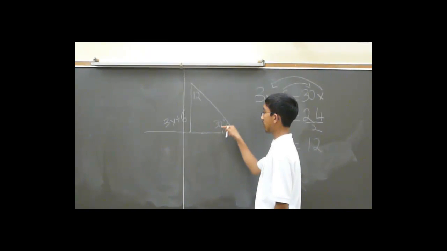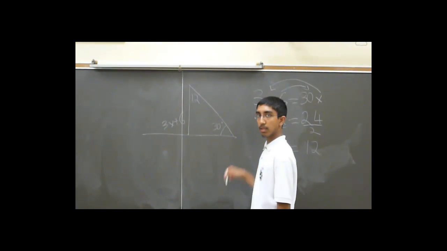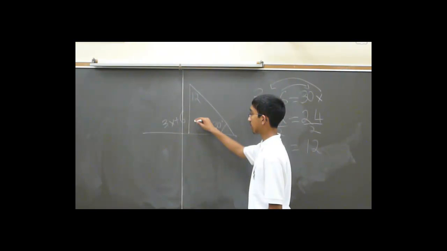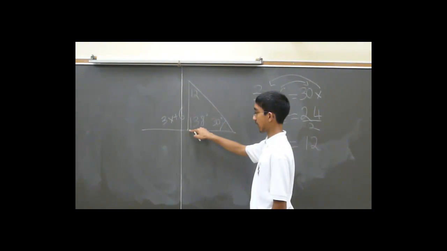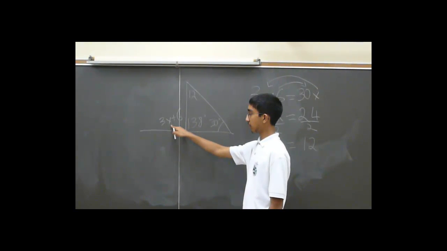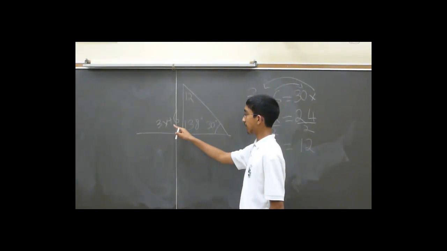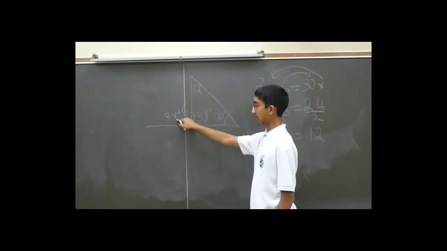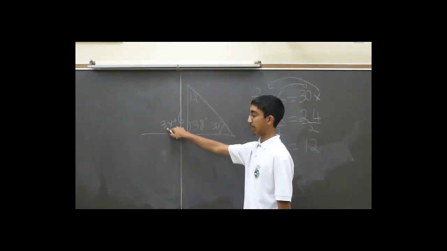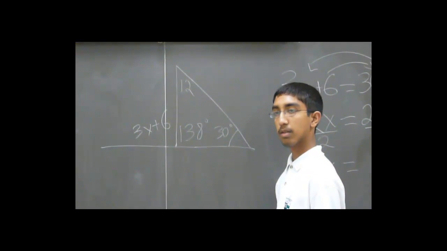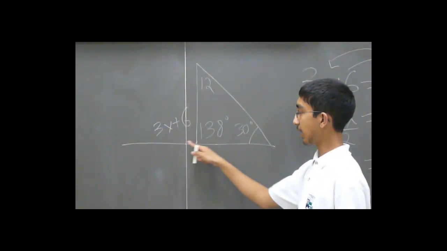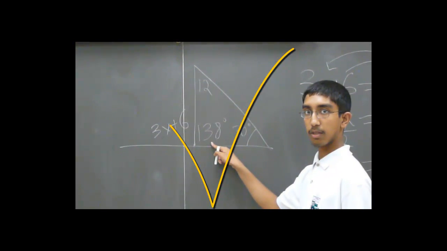So 180 minus 42 equals 138 degrees. You can also solve this angle by using this equation also. So what you would do is substitute x as 12, and you multiply it by 3, which is 36, then plus 6 equals 42, and then you subtract 42 from 180, and you get 138.